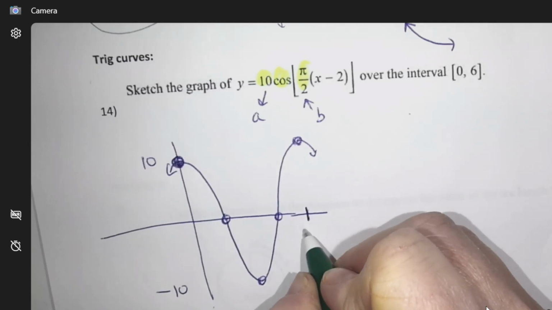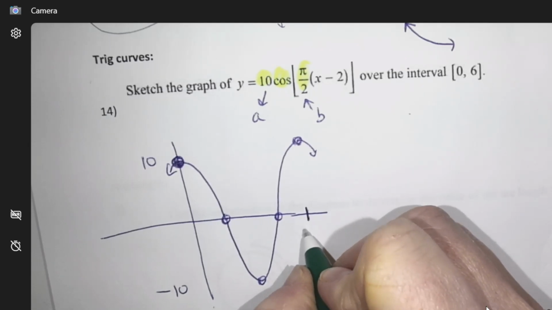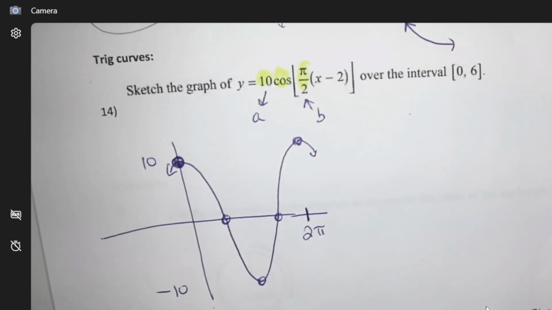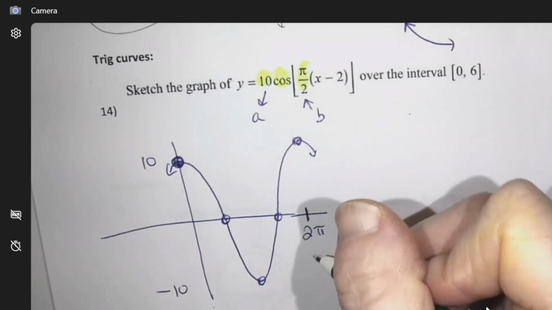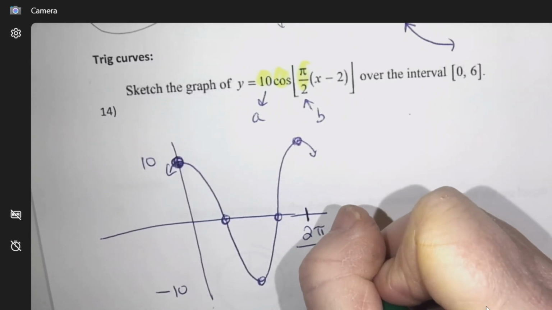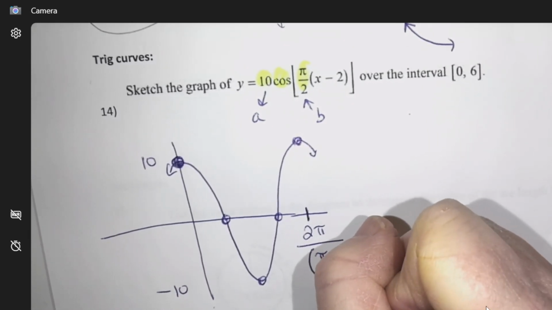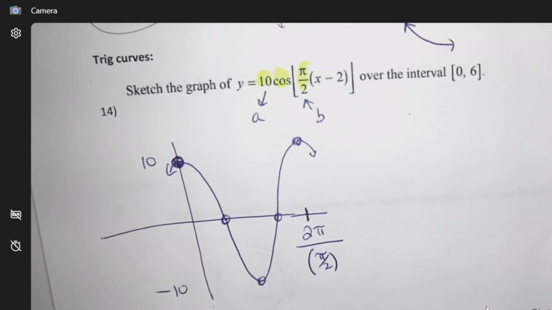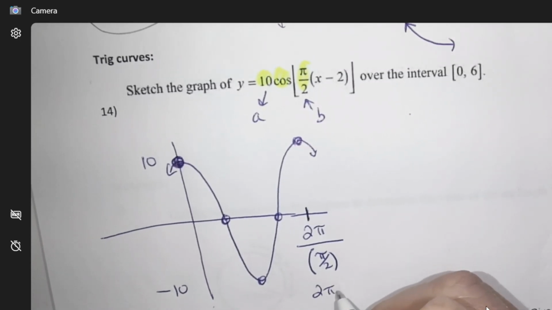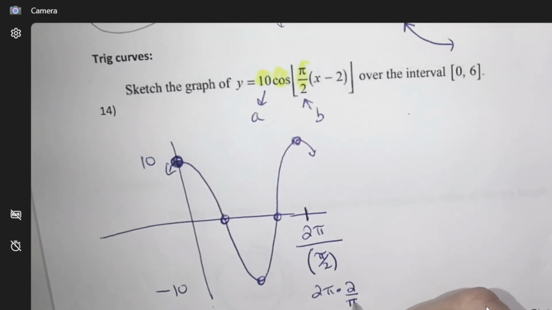What is this x value supposed to be originally? 2 pi. What should I do with x values? Divide by b. X values get divided by b. Flip, multiply.